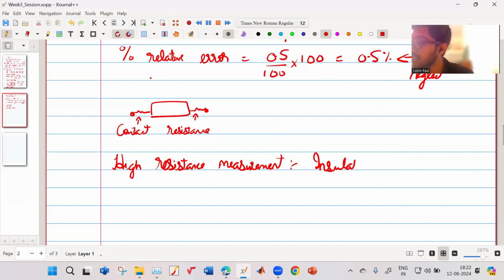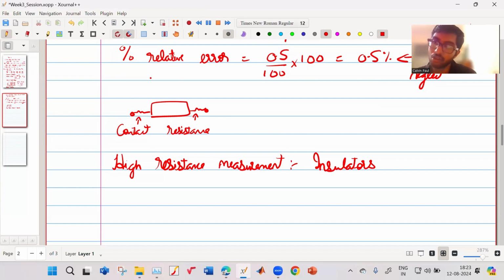Insulators are important. We broadly know that materials are divided based on electrical properties into three categories: conductors, semiconductors, insulators. All have their specific requirements and application areas. We cannot say that this is not required, this is only required. Everything has its specific application.